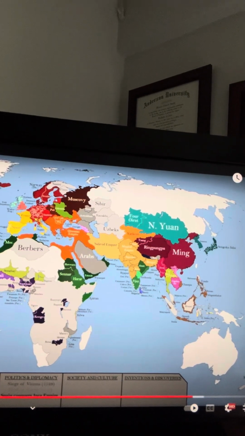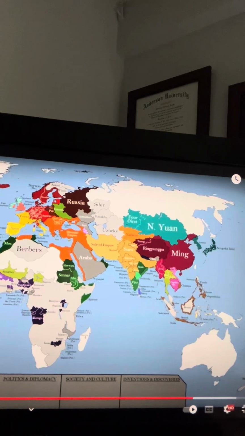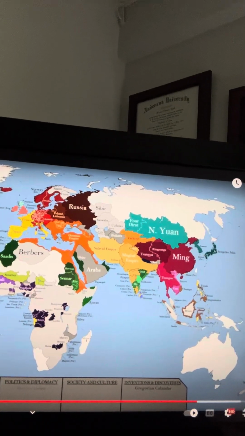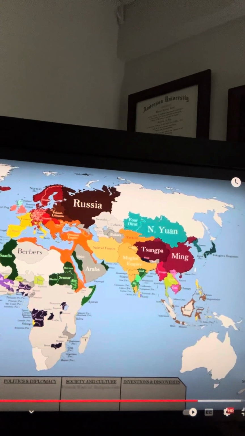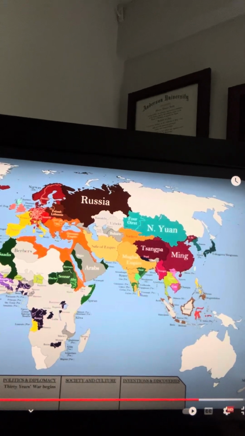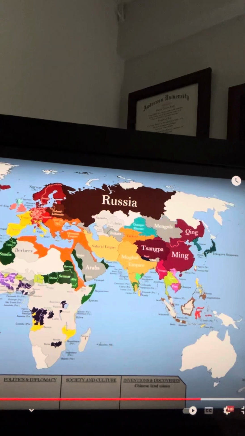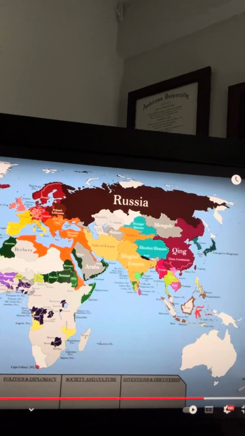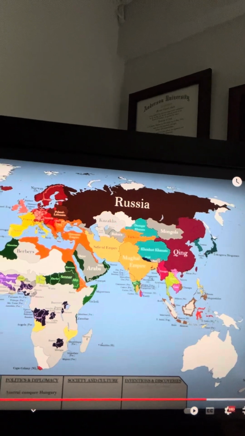I'm going to let it play forward here a little bit, and you can just watch the lines move back and forth some. I think we just caught the tail end of it there. You can see some of that movement. There's the Safavid conquests. You can see that line is going right along the Tigris right now.